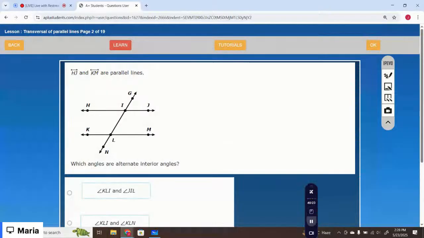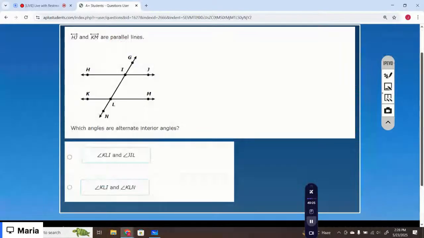HG and KM are parallel lines. Which angles are alternate interior angles?